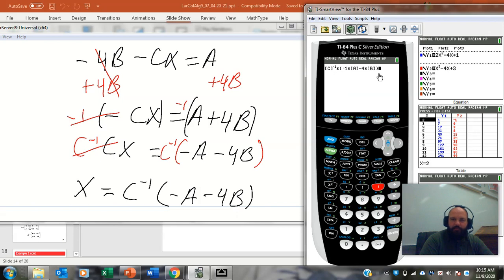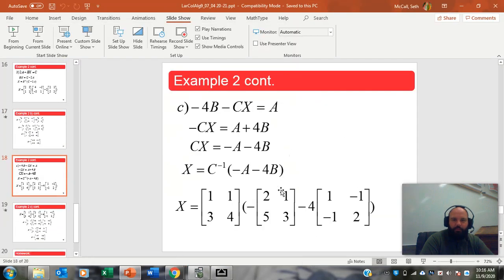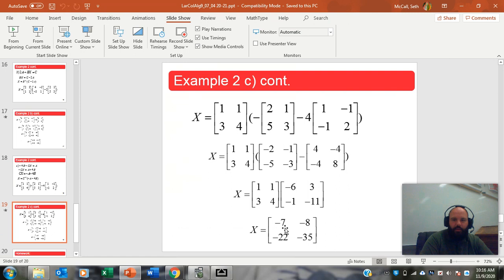Everything is typed in, but you do have to type everything out, as I said. And then you hit enter, and you can see we get -7, -8, -22, -35. When I scroll to part C, -7, -8, -22, -35. So we get the answer.